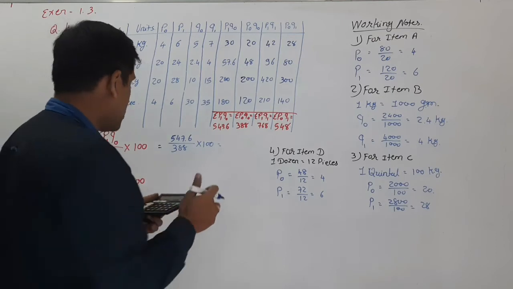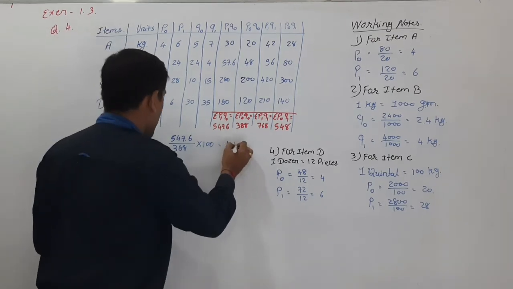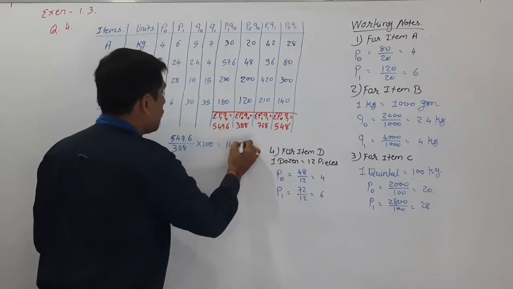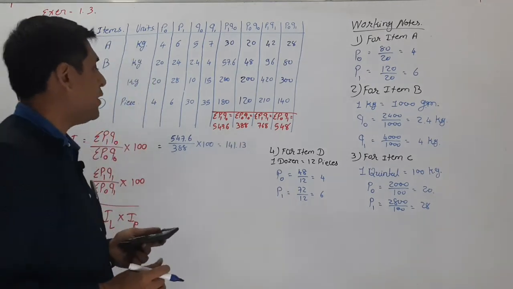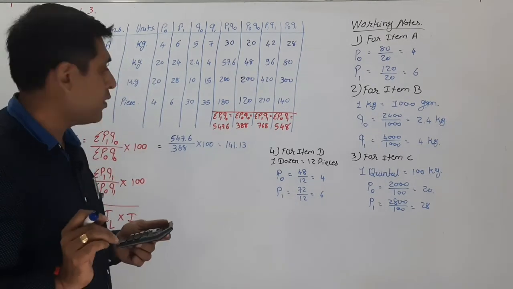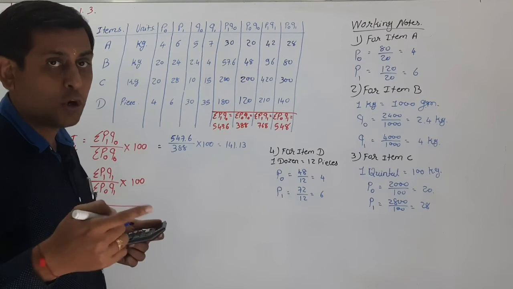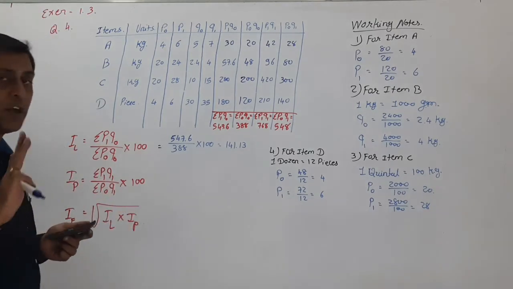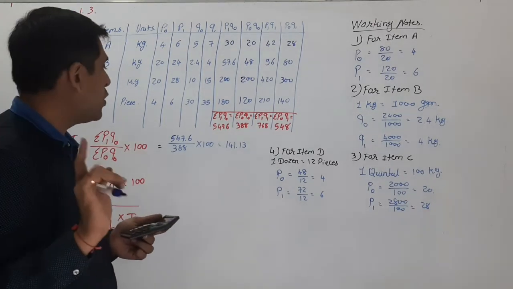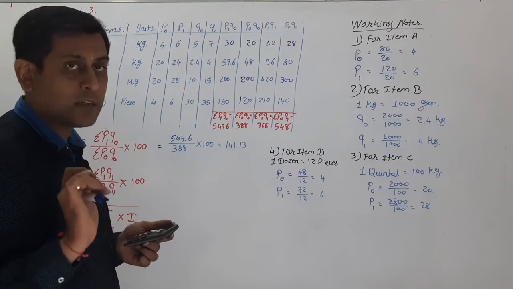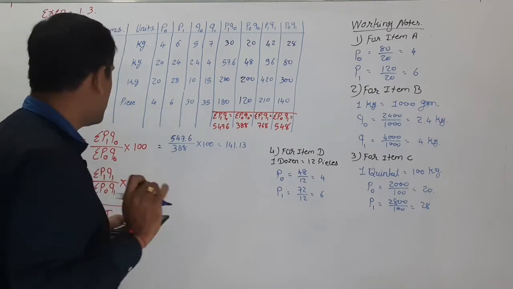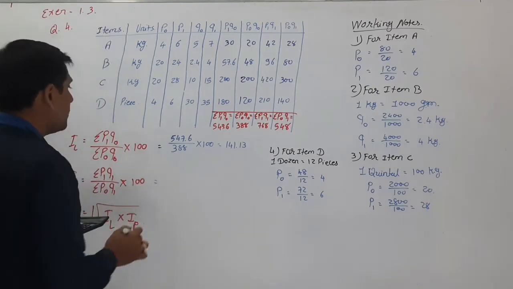The answer is 141.1340. The third digit after the point is 4, that's why we don't change any amount. The answer is 141.13.